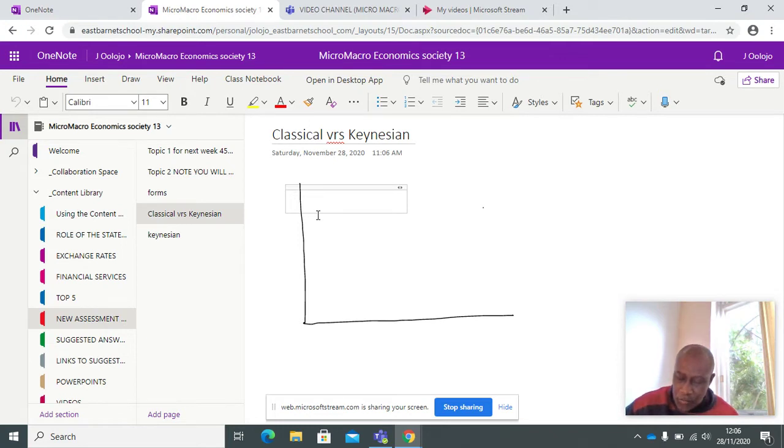As you know, the classical and Keynesian diagrams both agree that there is a maximum capacity for economies. The LRAS: there is a time when they can't produce any more sustainably. So we just put LRAS here.